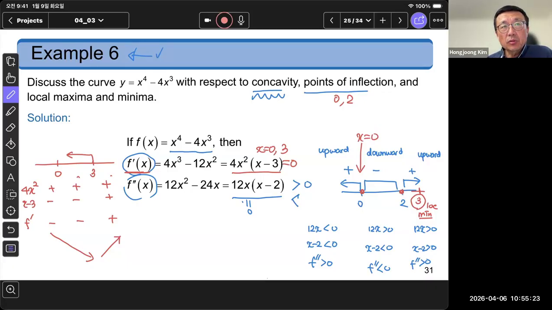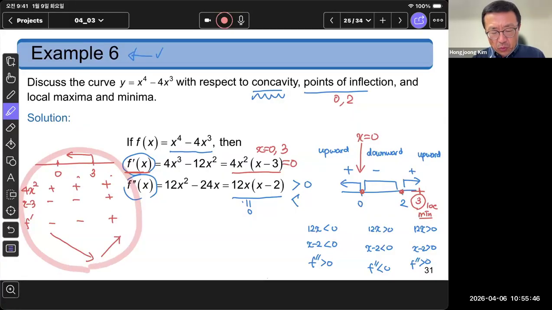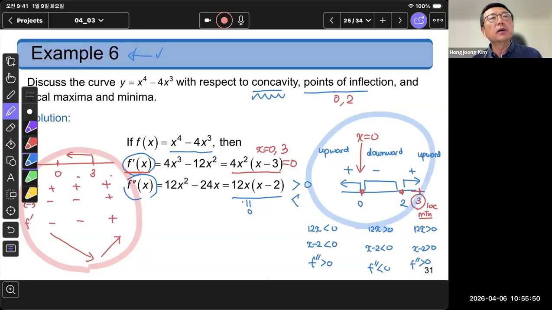Okay. So at 0, do I have a local minimum or local maximum? No, because your function is just decreasing, right? Now, before we go to the next part, can I combine the information obtained from this with the information obtained from here?